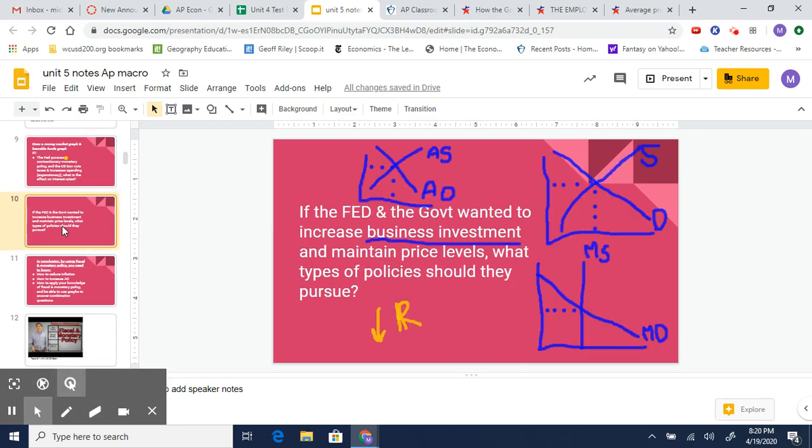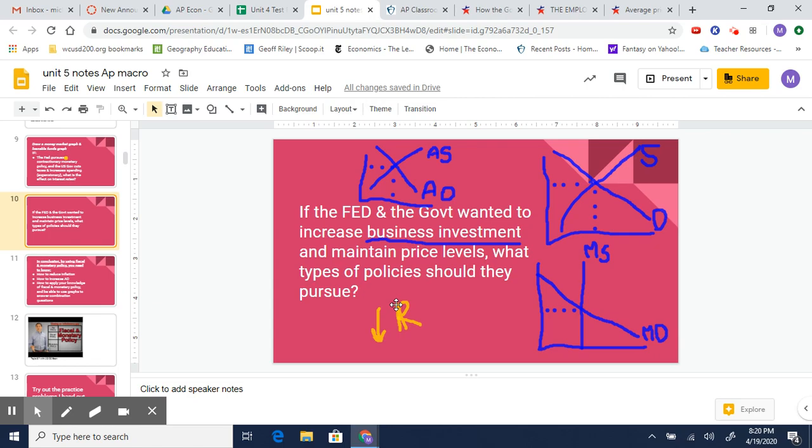And then for another scenario here, if the Fed and the government wanted to increase business investment, but at the same time they want to maintain price levels, what types of policy should they pursue? Anytime you see increased investment, think of if you were a business and you wanted to pursue new technology or computer software, or hire workers, or put the new roof on the factory.